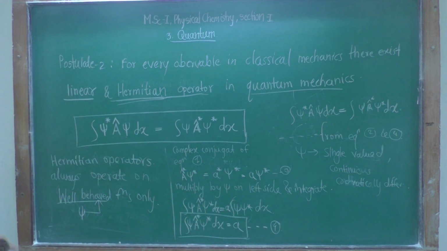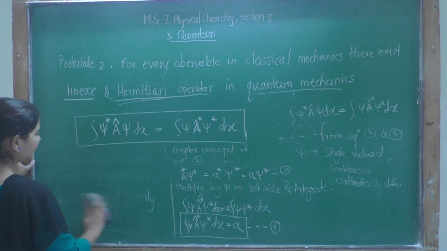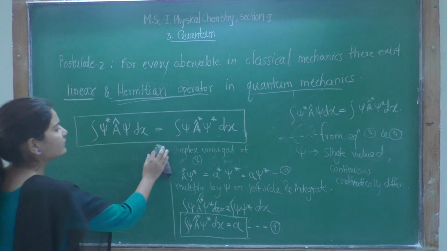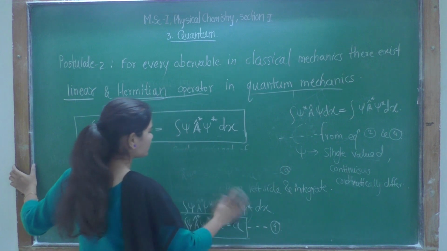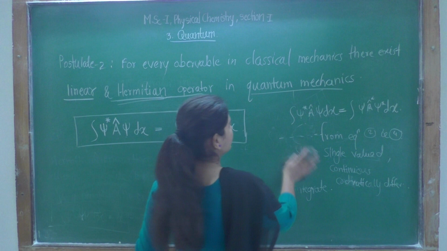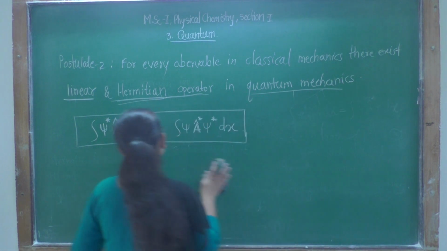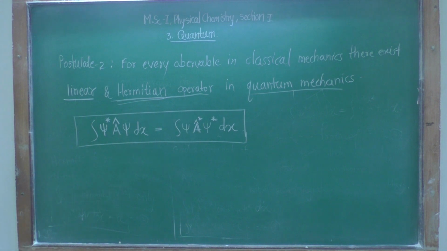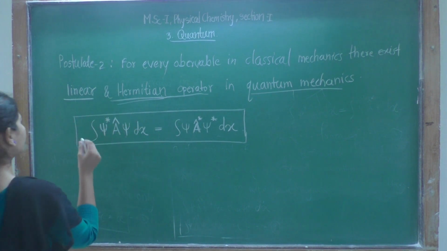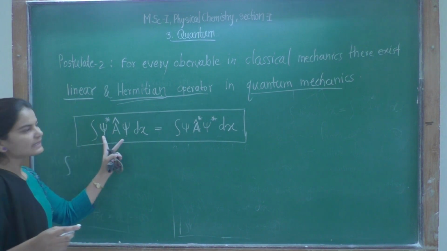Now this was our basic condition for a Hermitian operator. Again, a more general relation or more general definition of a Hermitian operator is somewhat different. It's just a modification of this definition. What is that? See, the definition is integration of, this is the single wave function, right?